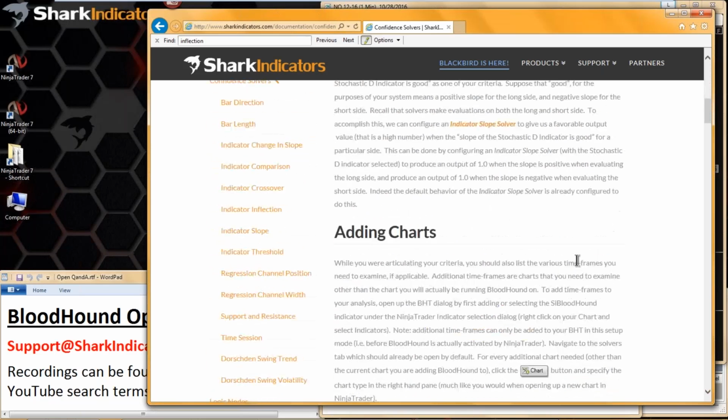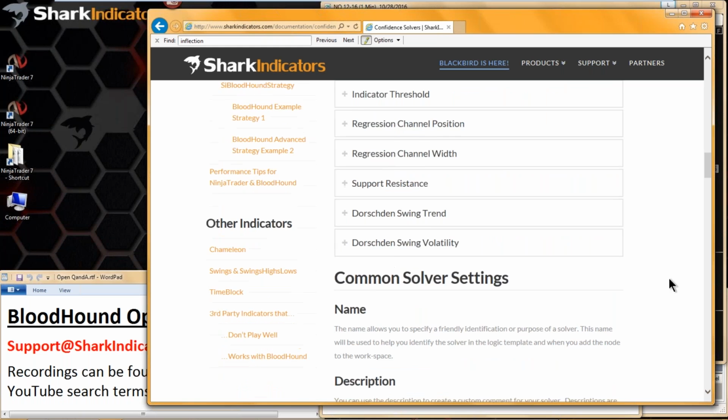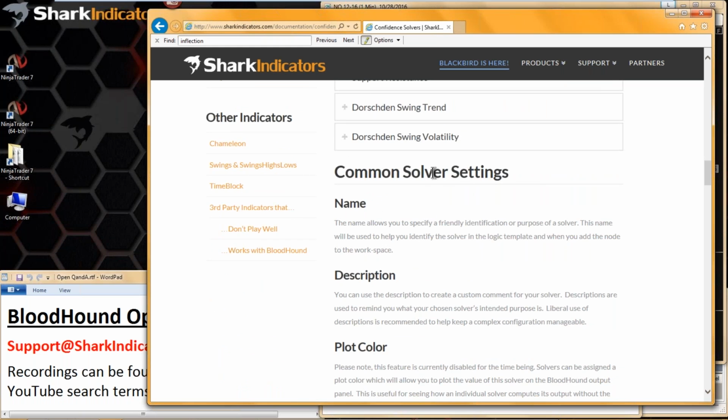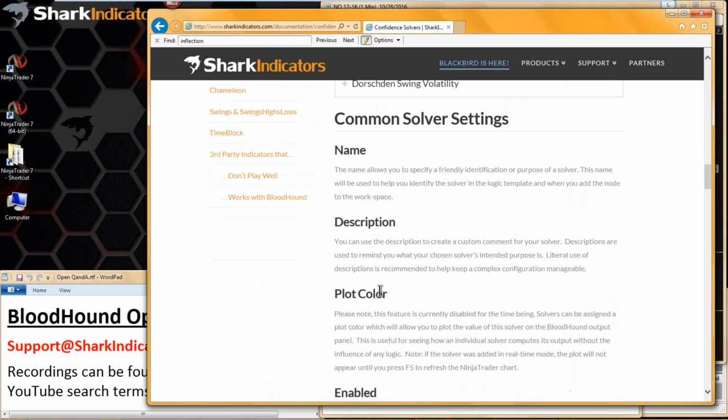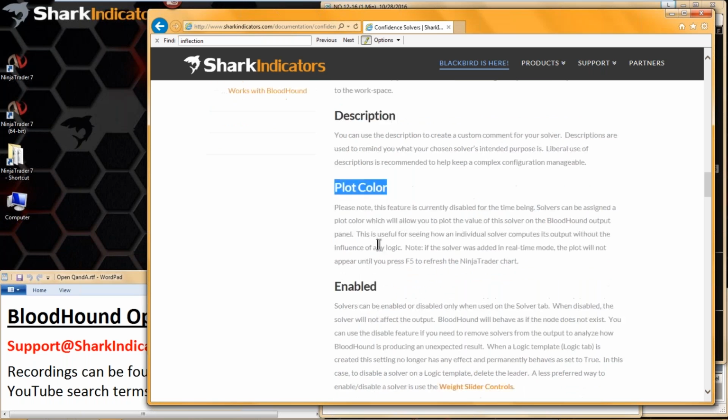So you see solvers have a lot of common settings here, right? Each solver has a name, a description, actually the plot color, not anymore. We had to take that out for now. We're hoping we can get that plot color back in and later update.